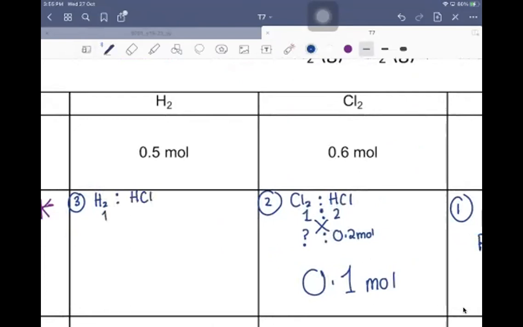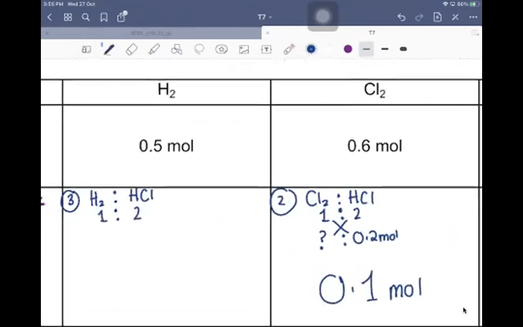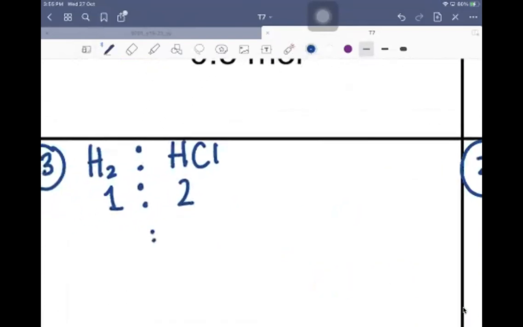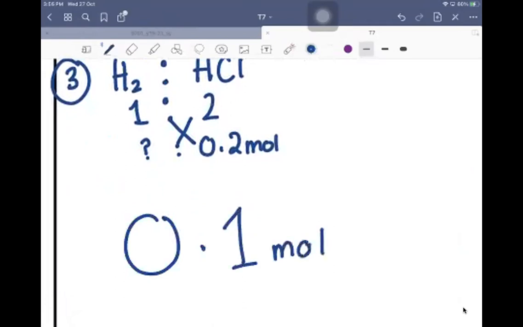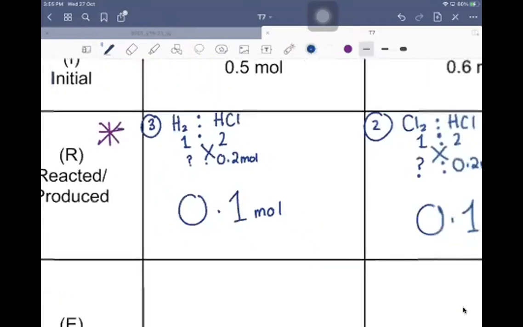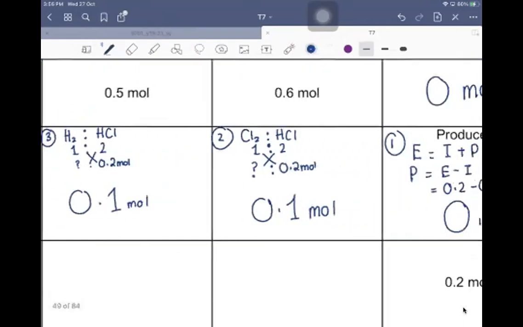The relationship is 1 to 2, and we know that 0.2 moles of product has been formed. How much hydrogen must have reacted to get this number? Again, cross cancel. You should get that the number of moles of hydrogen reacted is 0.1 mole.